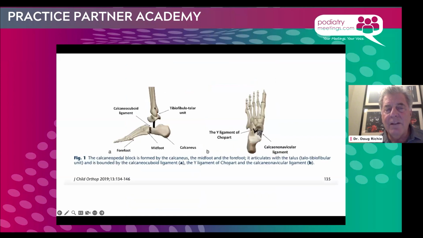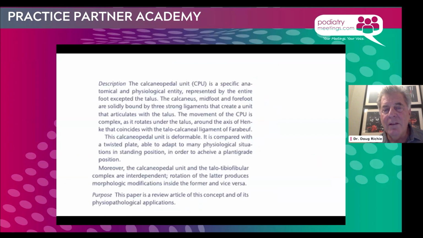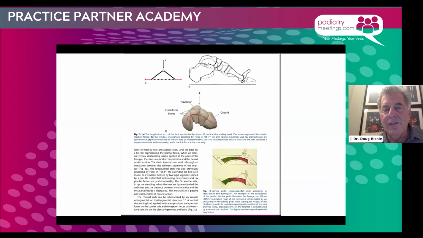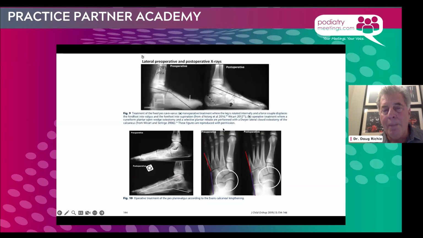They again segmented the foot, considering the talus to be part of the leg, and this set of bones known as the calcaneopedal unit. They also talked about the reciprocal coupling of the forefoot to the rear foot. They also talked about the importance of the midfoot joints and the tarsal arch mechanism across the midfoot, and the importance of that in providing stability to the foot.